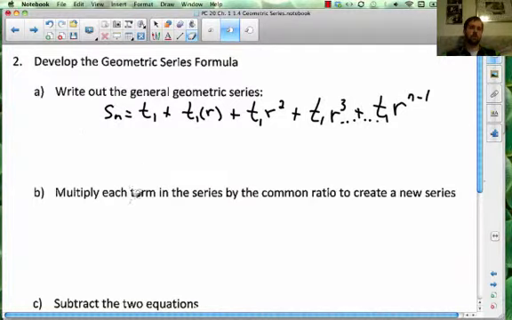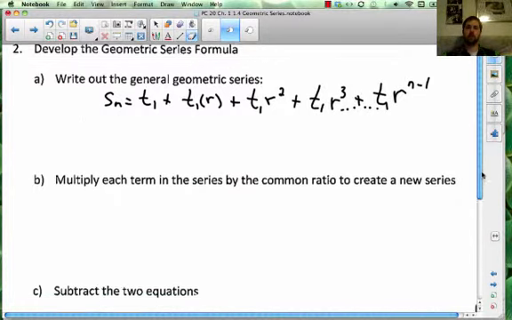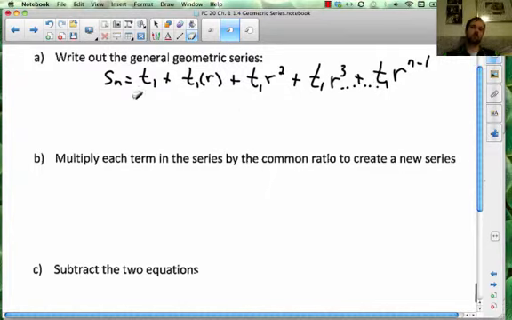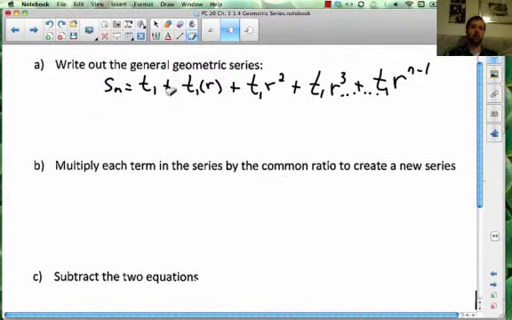Okay, so now we're going to take that same series, that same sum of all those terms, we're going to multiply the whole thing by the common ratio r. So we multiply the left side, then we multiply every term on the right side. So the left side, instead of Sn, becomes r times Sn. Okay? Now that will be equal to the common ratio multiplied by each one of these terms.